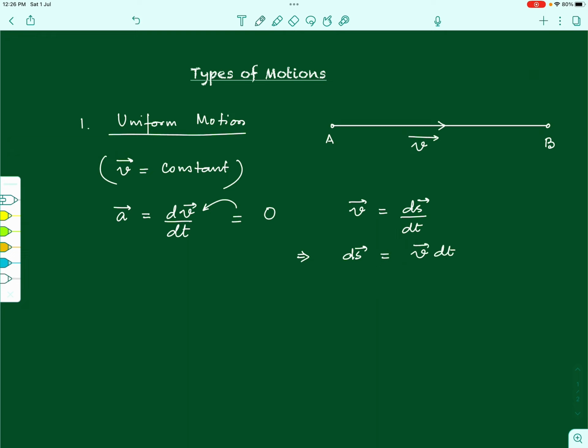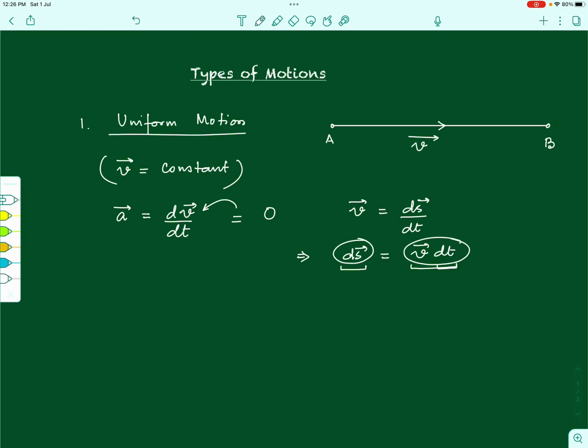What does this expression tell us? A small displacement covered by a body in any small interval of time dt is the velocity v at that time multiplied by the interval dt. So, this is like displacement is equal to velocity into time, the general expression, but for a very small interval of time dt.